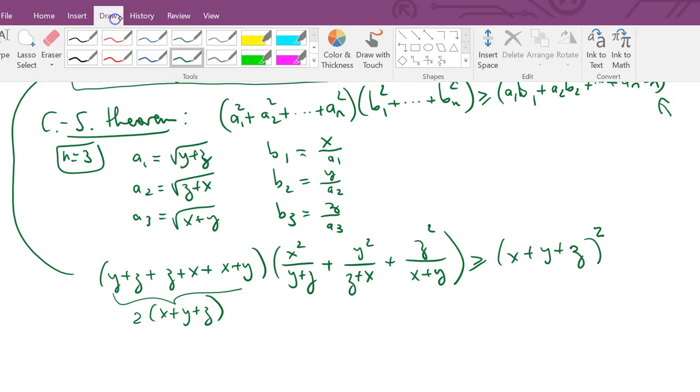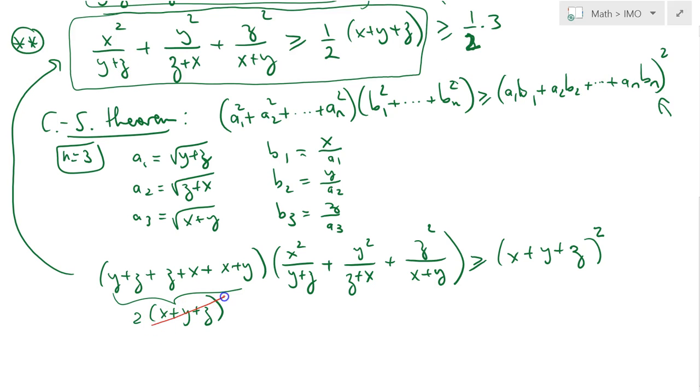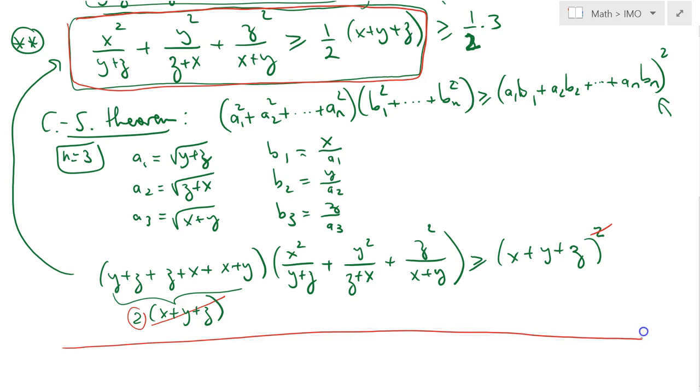So this side will cancel with the square here, and comparing these two expressions, all I will be doing is taking the 2 to the other side. It will go as 1/2, and boom, we will be done. So that solves the problem. That was a rather easy IMO problem, I think, for a number 2 at least.